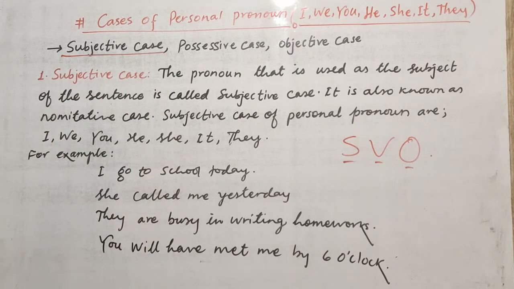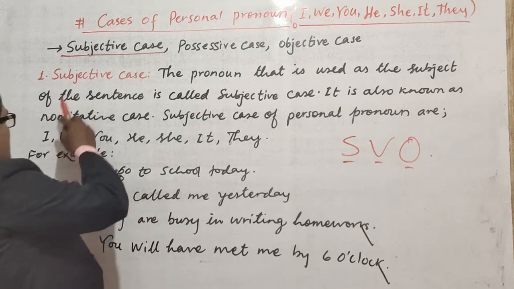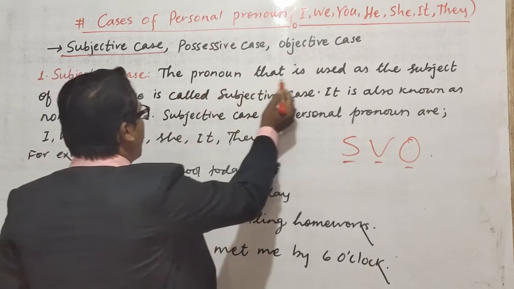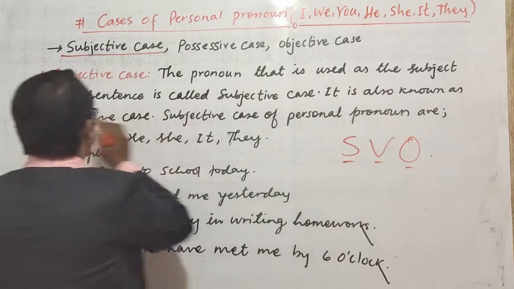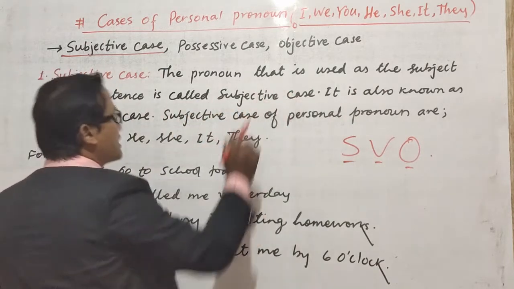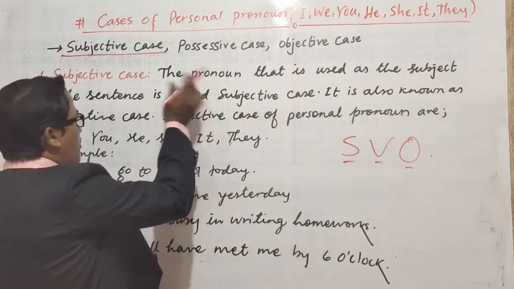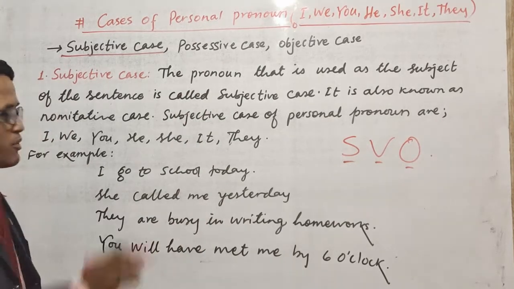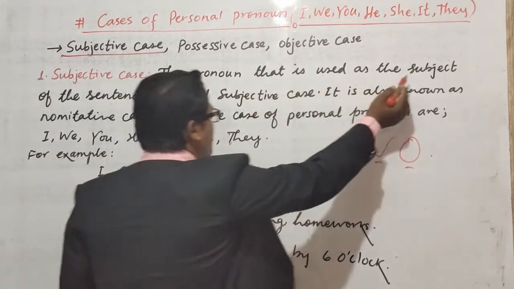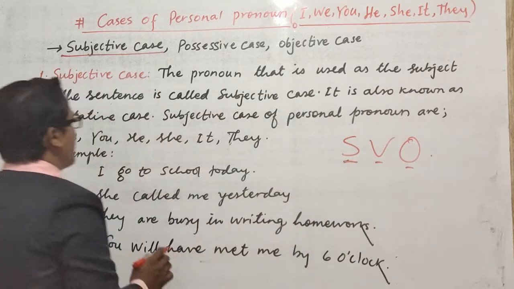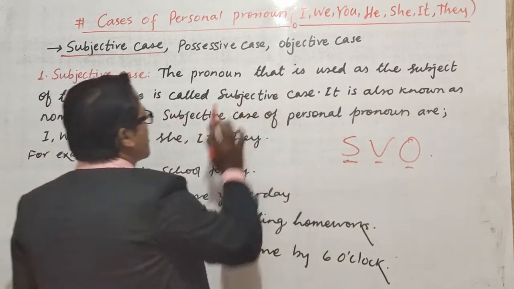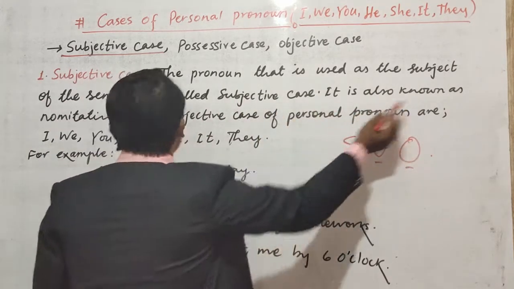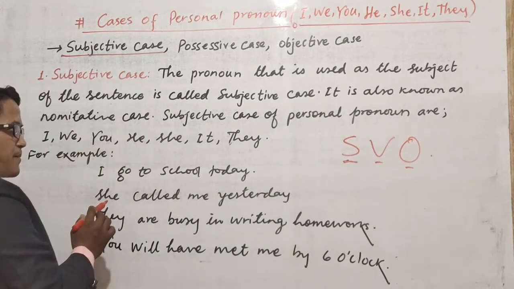What is subjunctive case? The pronoun that is used as the subject of the sentence is called subjunctive case. Normally a personal pronoun can be used as a subject in the sentence, and this is called subjunctive case. It is also known as nominative case.